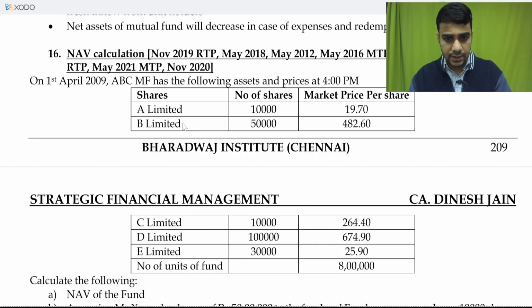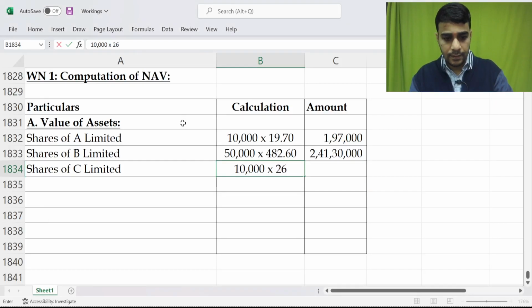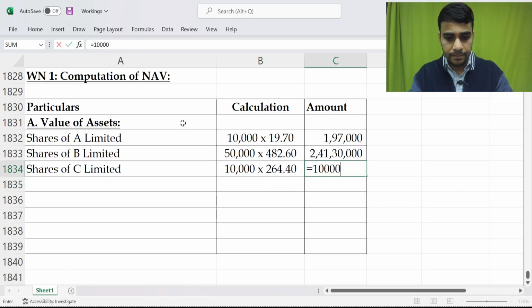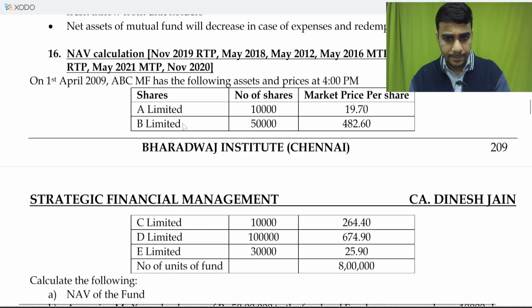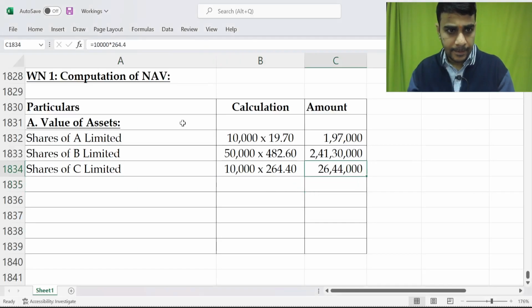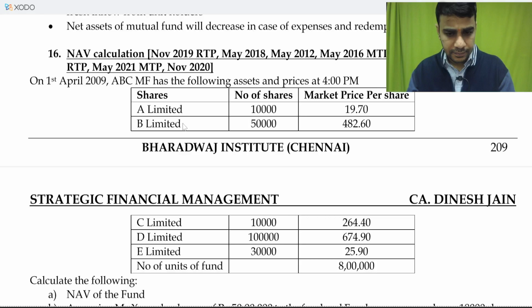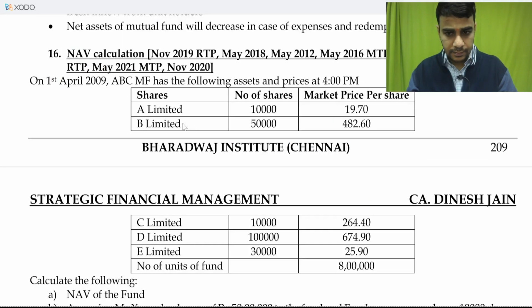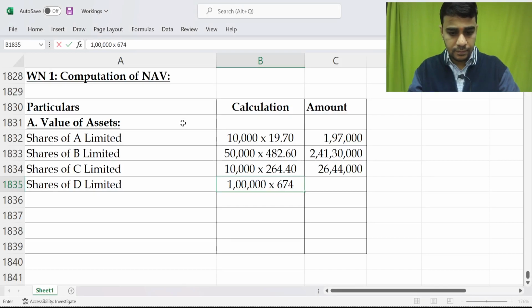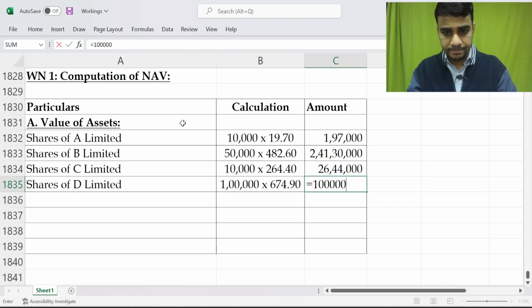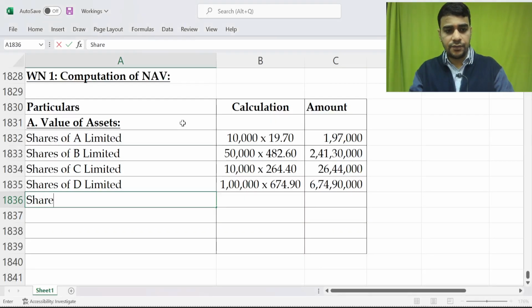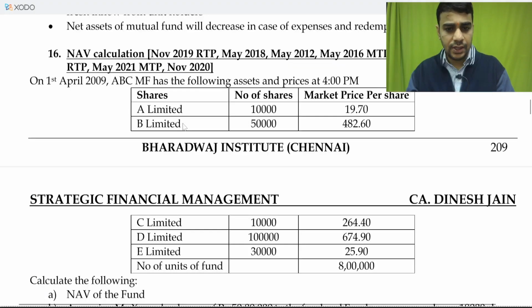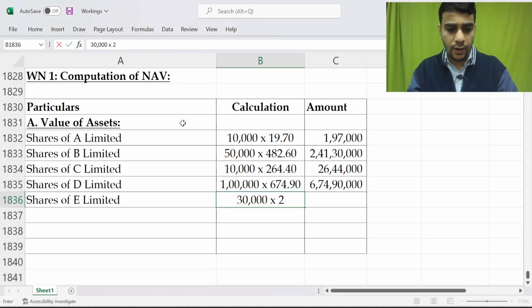C Limited. And shares of E Limited. There's no major analysis to be done in part 1 of the question.